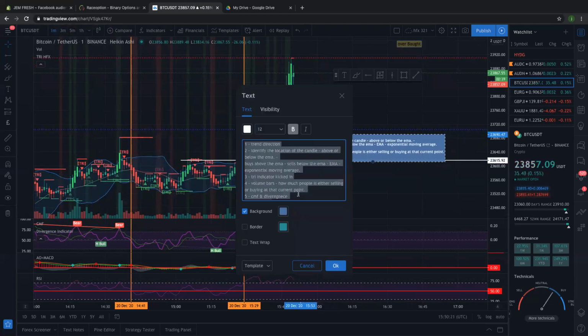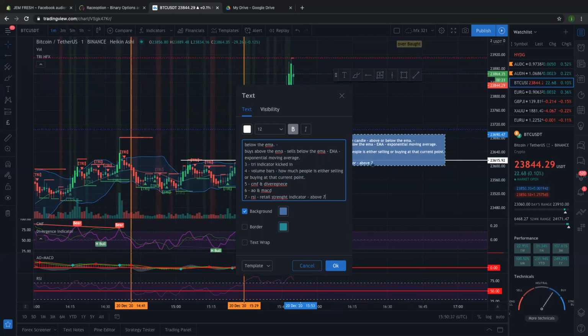So AO, MACD, and then what else have we got? RSI, number 7. RSI is the relative strength indicator. Above 75% is overbought, and under 25% means oversold.